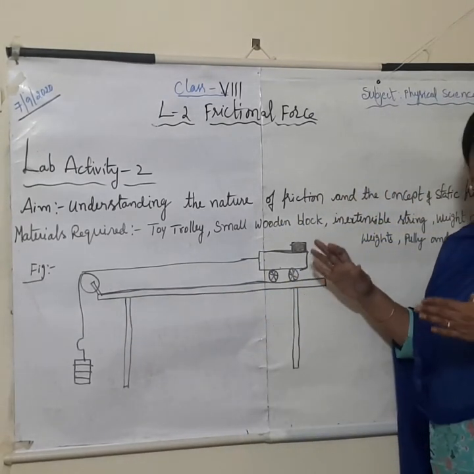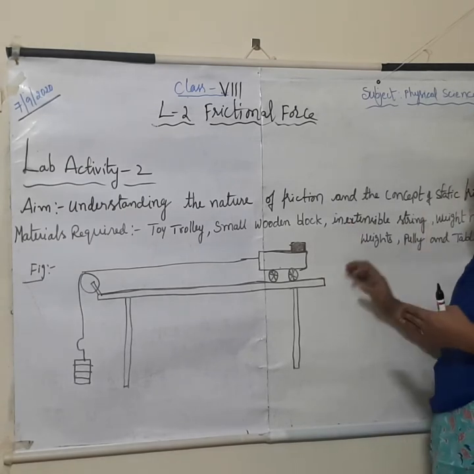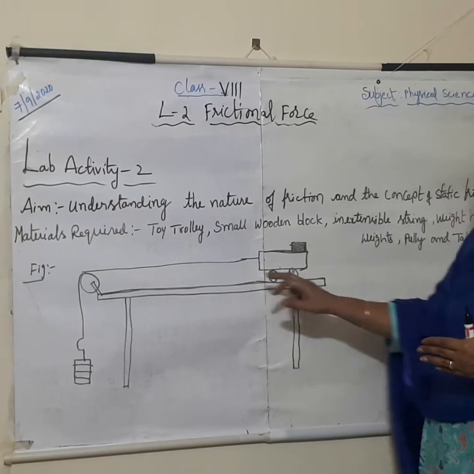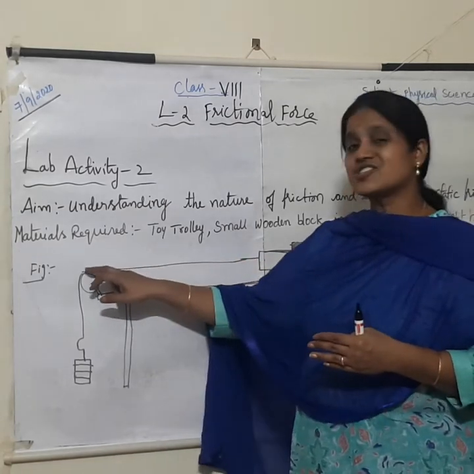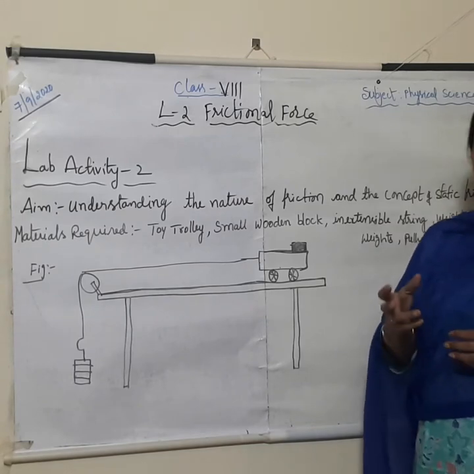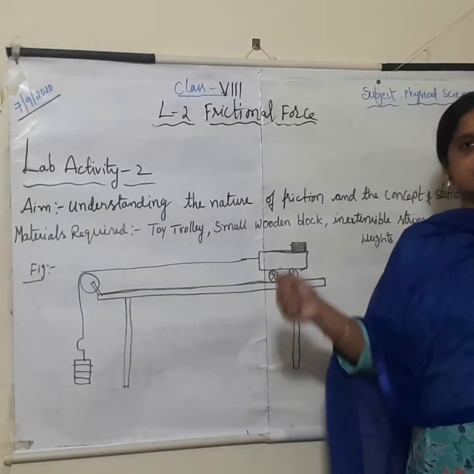To understand the concept of the frictional force, first you require a big table, one table, and this is the string. This string should be an inextensible string, meaning the string should not be stretchable.